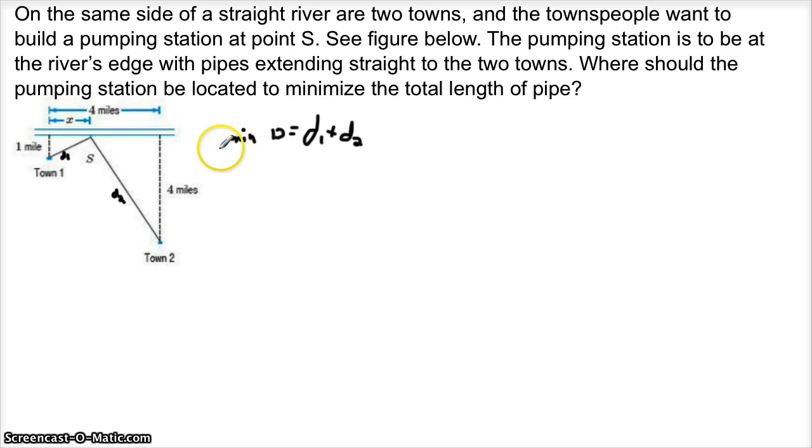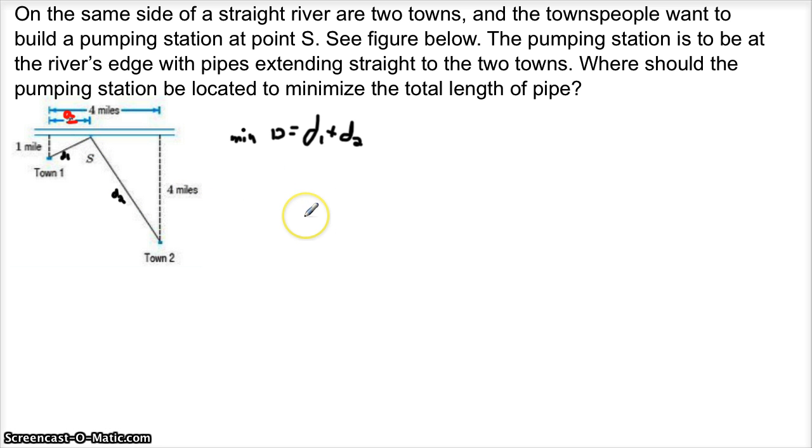Now, if you remember, I said you should try not to use x as one of your variables, so when you go over to your calculator you don't get confused. I'm actually going to call this distance A, just so I don't get confused later.